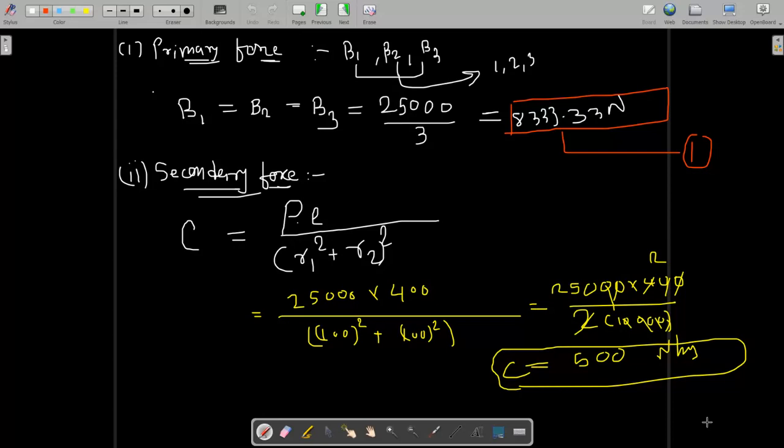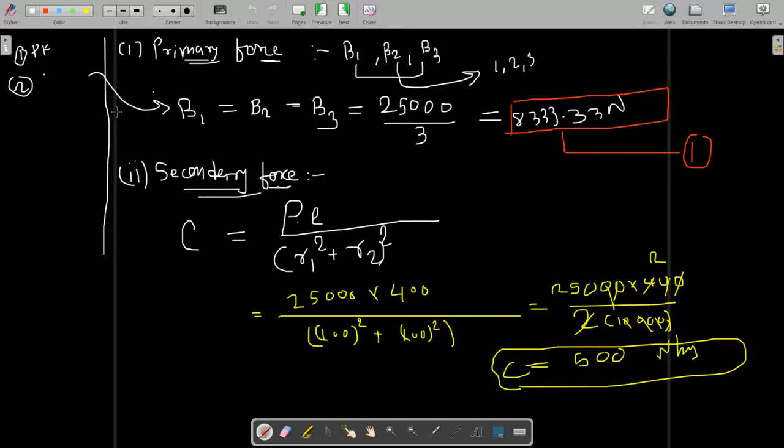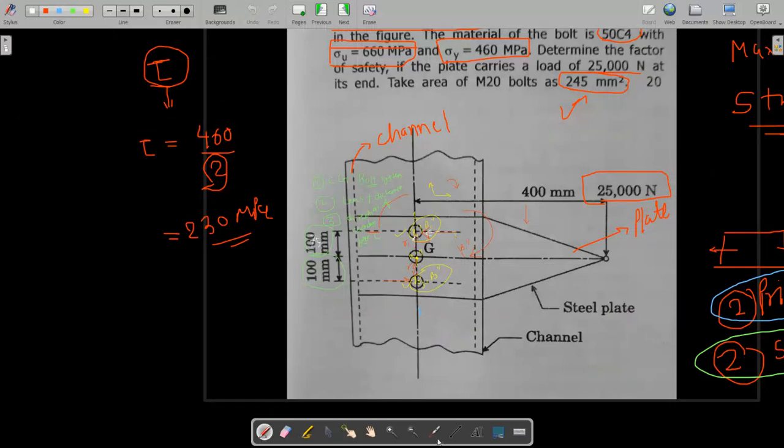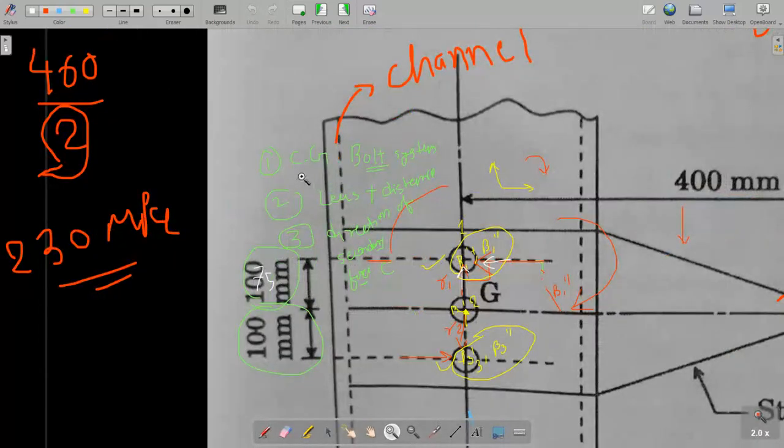Again I am revising the steps. First, find out the primary force, and this is the equation. Second, determine the CG of the bolt system, then find out the least radial distance, again in the perpendicular direction of the secondary force.